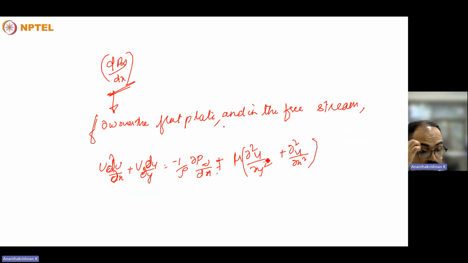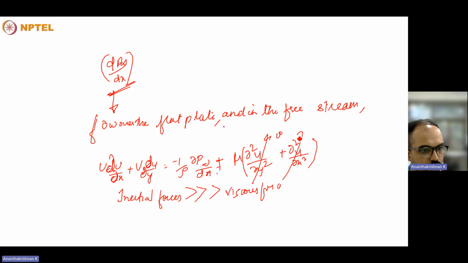So since this is free stream far away from the wall, the inertial forces will be very much greater than the viscous forces. So these terms will be equal to zero.